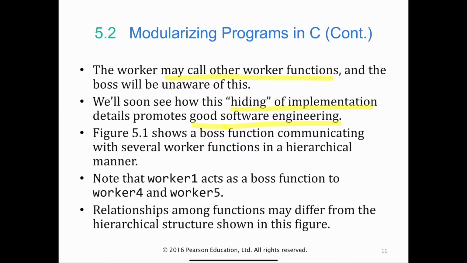So in this sense, you have workers working for other workers and so on. And the good thing about that is you can hide the details of how work gets done. We call that hiding of implementation. There's also another word for it: abstraction.